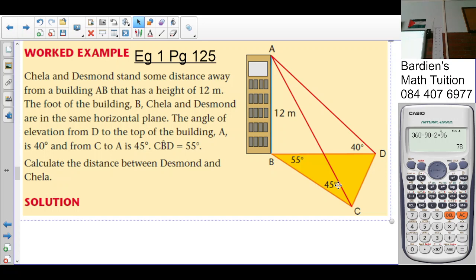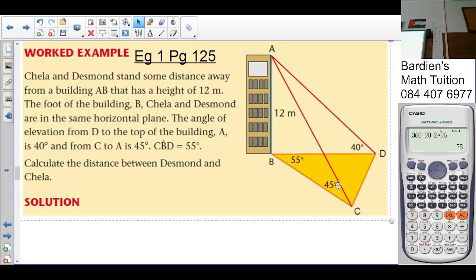Okay? So Sheila is marked with C and Desmond with D. Okay. And we are told that AB has a height of 12 meters. So we know that the height of the building is 12 meters.